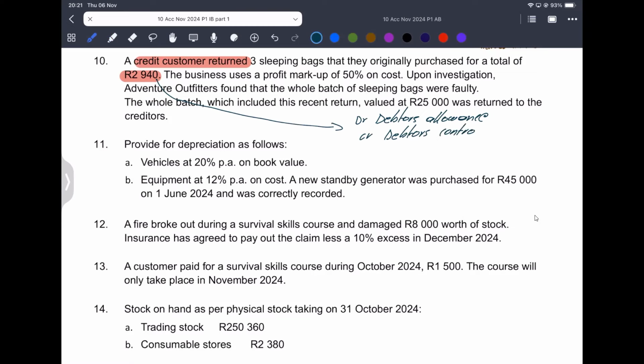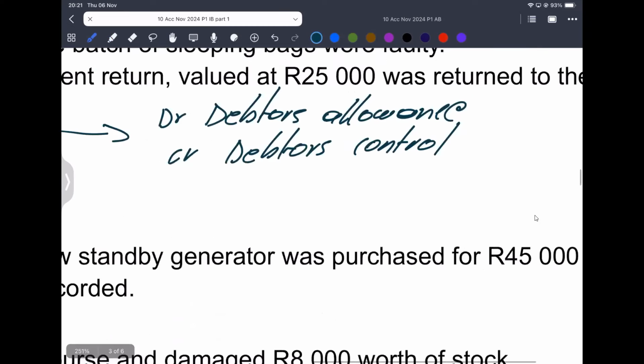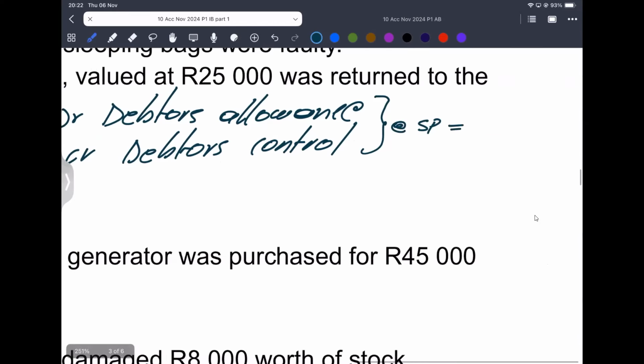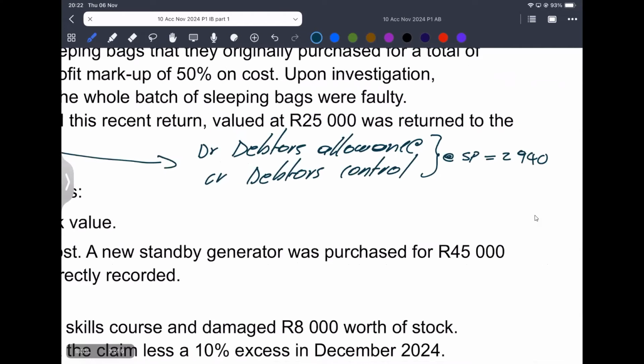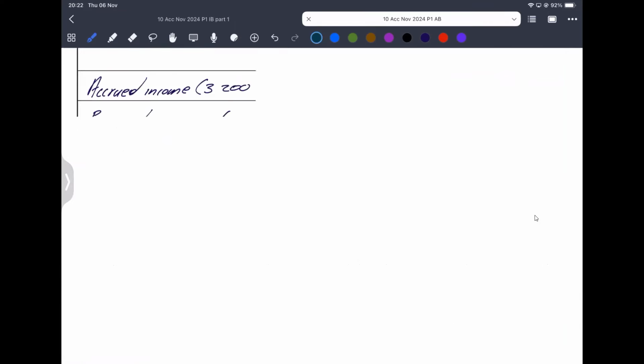And all of this will be at cost price. I mean at selling price. This will be at selling price. And the selling price was given to us as 2,940. So when we debit debtors allowances, it means we subtract from sales. And we also subtract from debtors control because we have credited it.